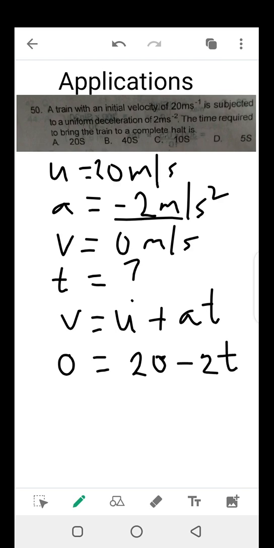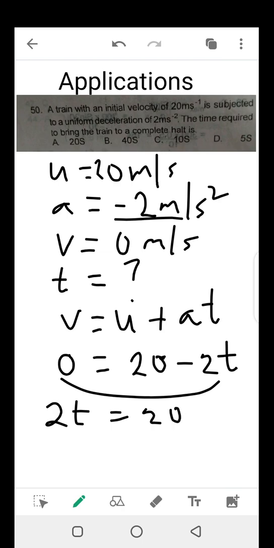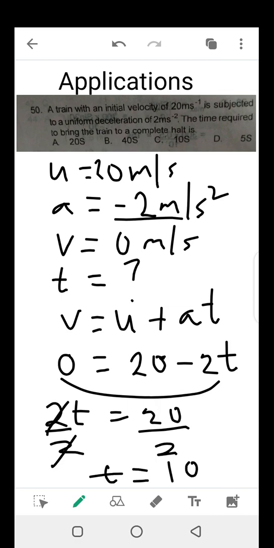This is just a simple linear equation. I can bring the 2T to this side, so 2T equals 20. Divide both sides by 2, then T equals 10 seconds.